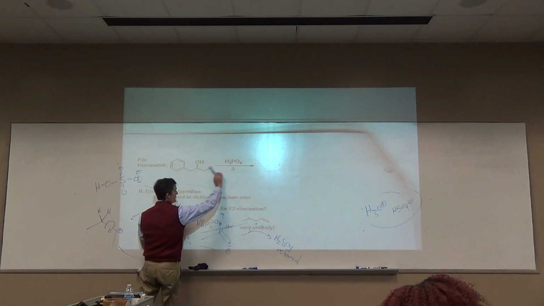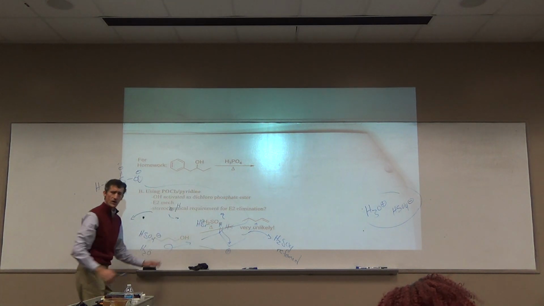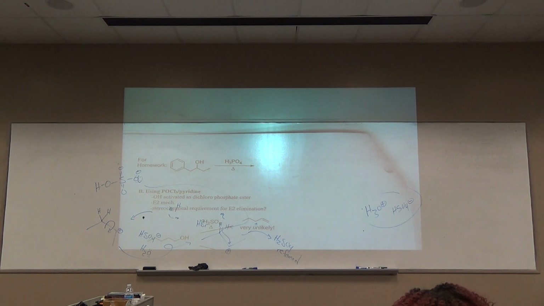Sometimes down the road, this reaction is a little bit hard to know what's happening. Like, just acid? I'm just protonating something? Well, if you can't remember that it's a dehydration, just protonate. And then you ask yourself, okay, what can happen next? There's no nucleophile. It must just be ionization to make a carbocation.